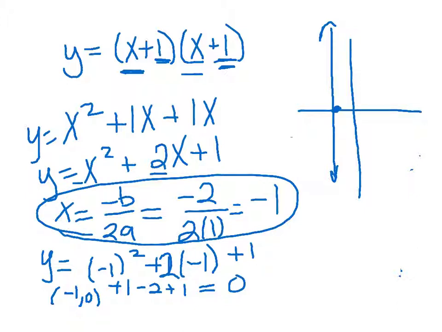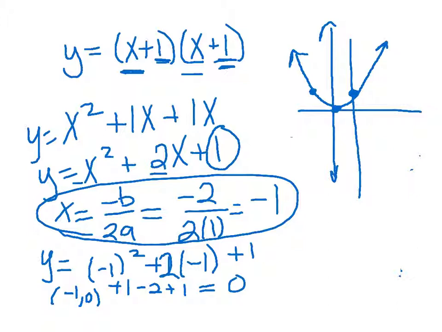What is our y-intercept? Where does it cross the y-line? At our C, so it crosses the y-line at positive 1. That means I have a mirror image point over here. And the graph is going to look like this.